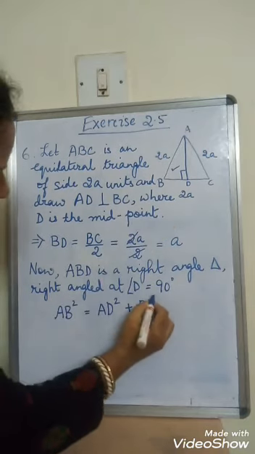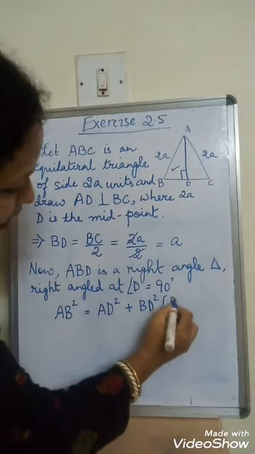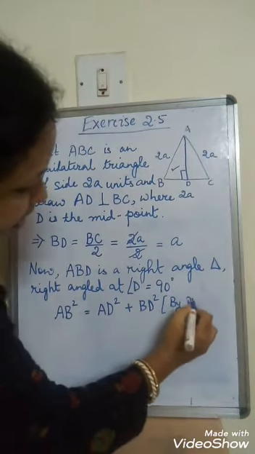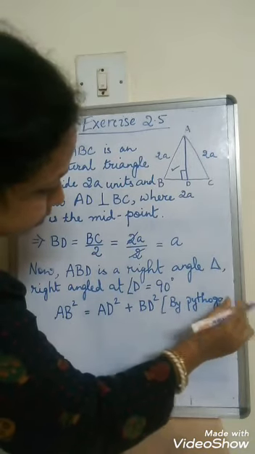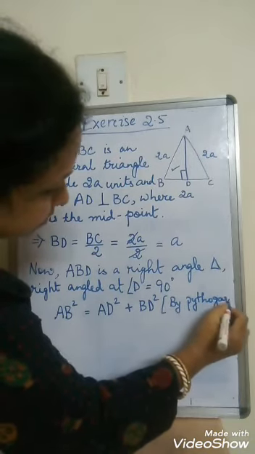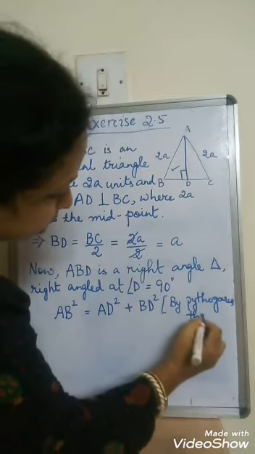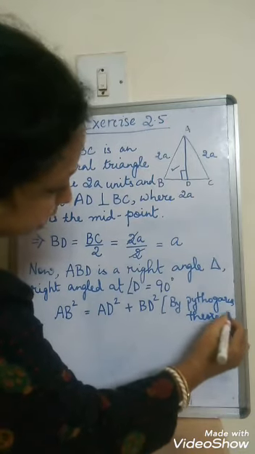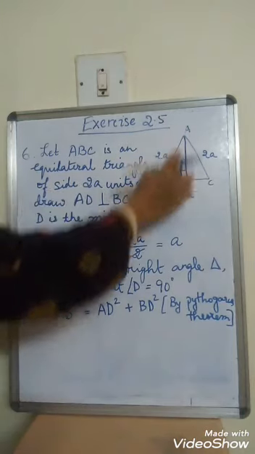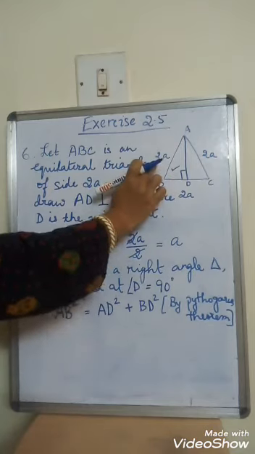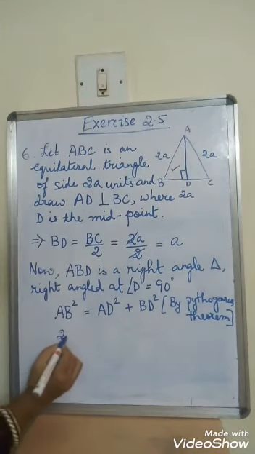BD square. This we have got by the Pythagoras theorem, right? Okay. Now, how much is AB for us? AB is 2A units. So we write here 2A square.